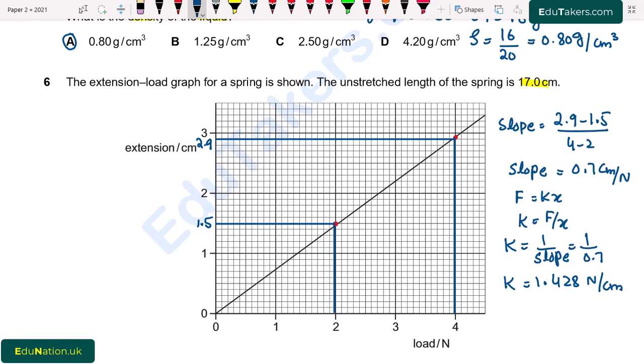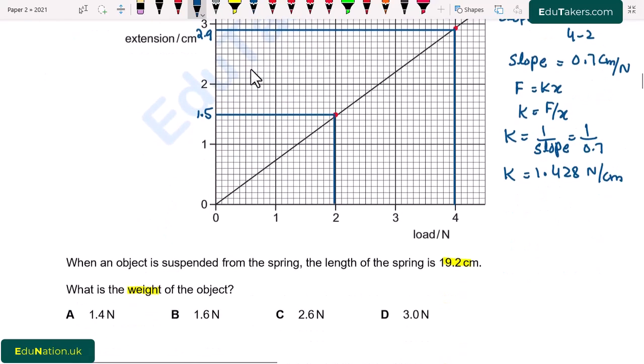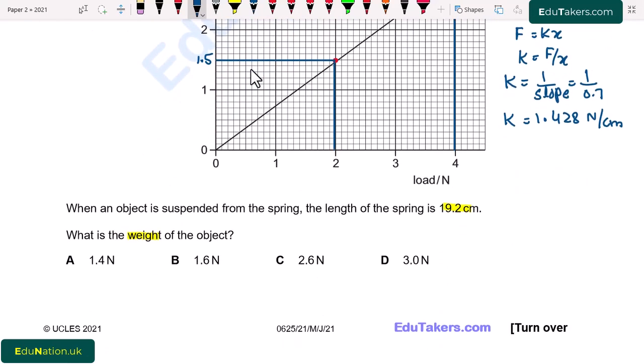Next, we have to find out the extension that takes place. First of all, unstretched length is given, which is 17.0 centimeter, and when an object is suspended, then length increases and it becomes 19.2 centimeter.